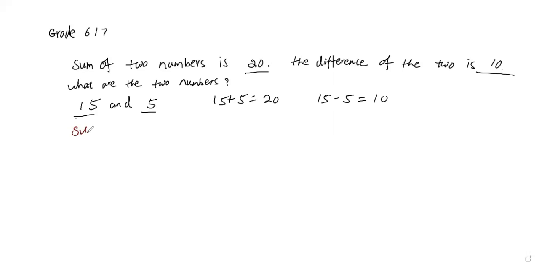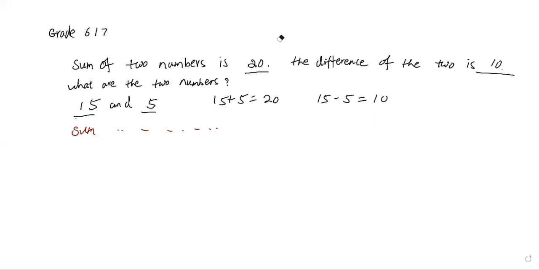Okay, let's say the sum of the two numbers is 27.5. The difference, no, let's go back.